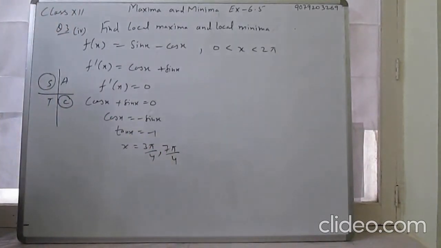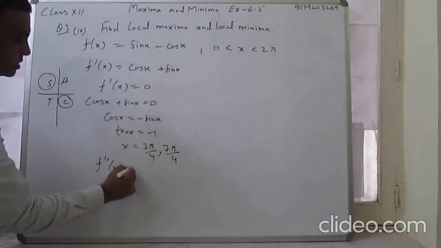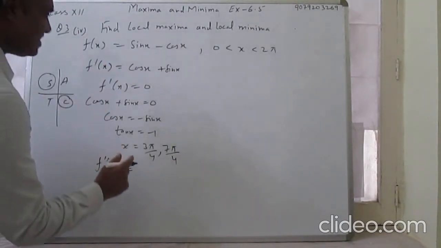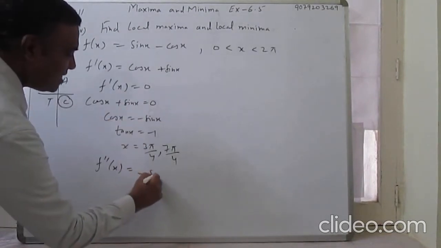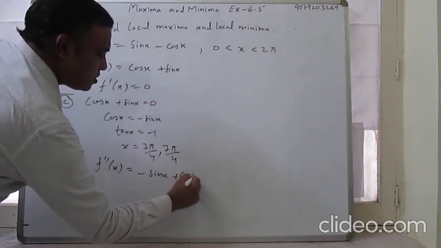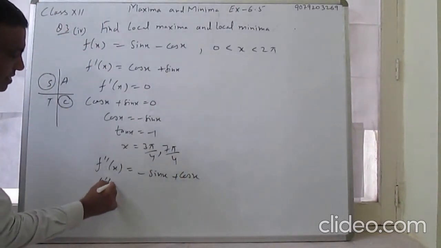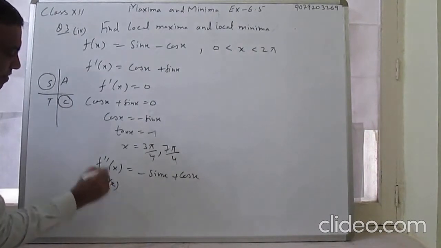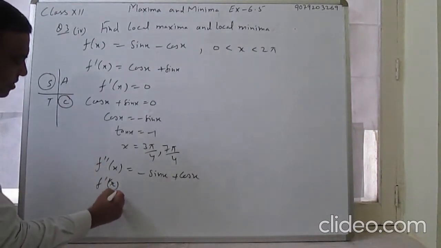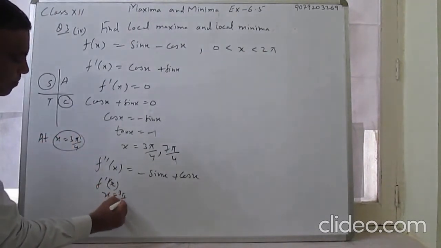This is the point. Now f double dash x is minus sin x plus cos x. Now f double dash x at x is equal to, first we take x is equal to 3 pi by 4.